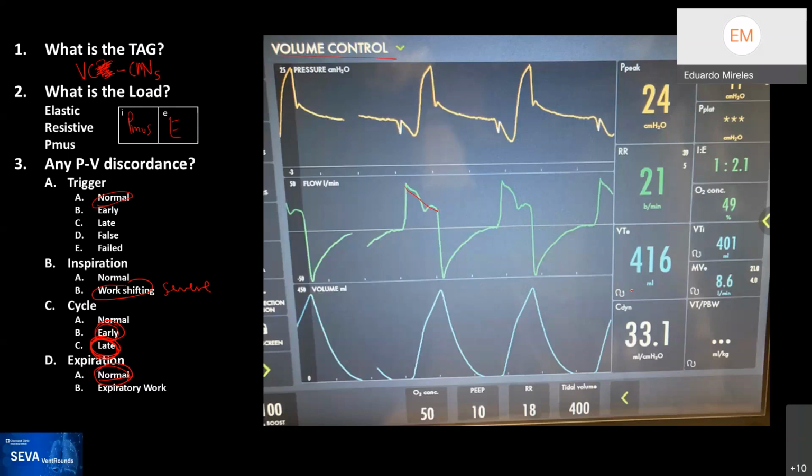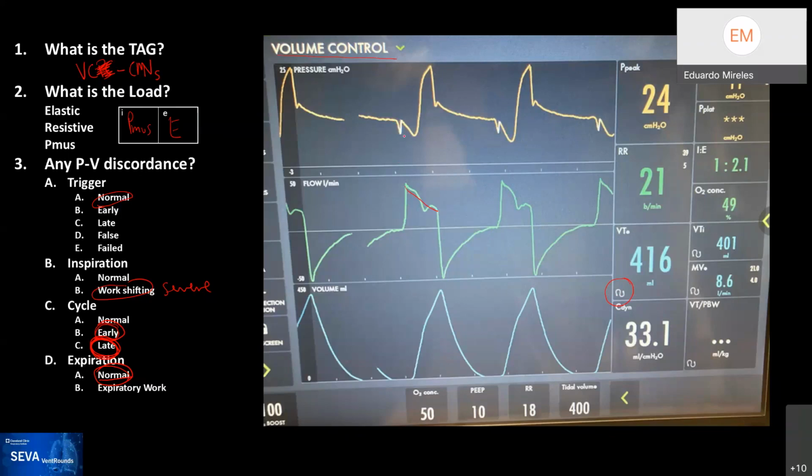However, do remember that whenever this symbol is there, it sabotages you, and the machine gives you an estimated or simulated curve of what the waveform would look like if the sensor was at the Y, kind of like the Hamilton, if you think about that. And so that may be one.